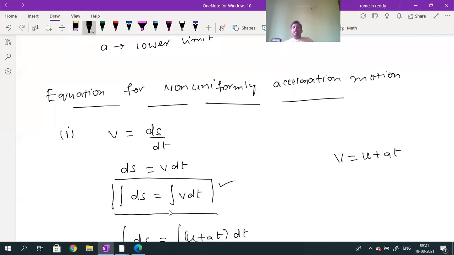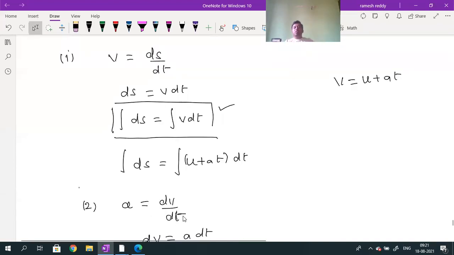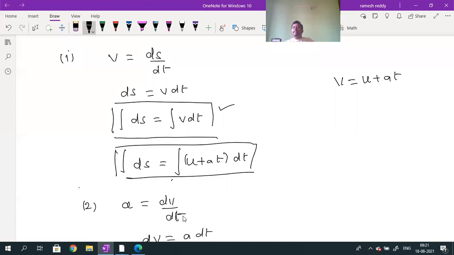We know that v is equal to u plus at. If I substitute, integration of ds is equal to integration of (u plus at) into dt. This is the first equation for non-uniformly accelerated motion. Here integration of (u plus at) into dt is integration of u into dt plus integration of at into dt.